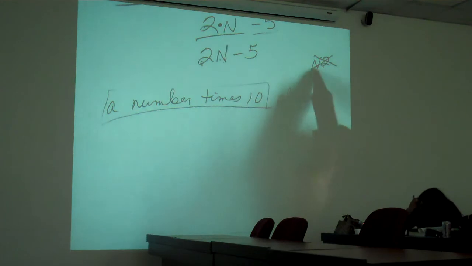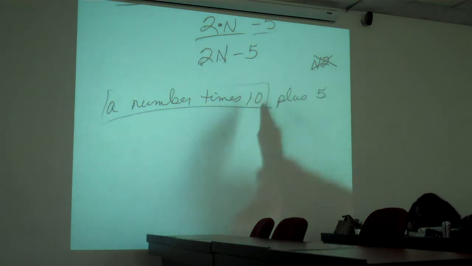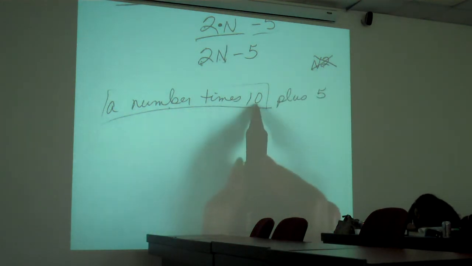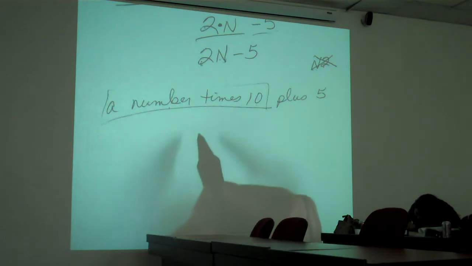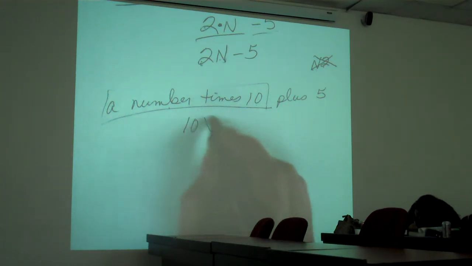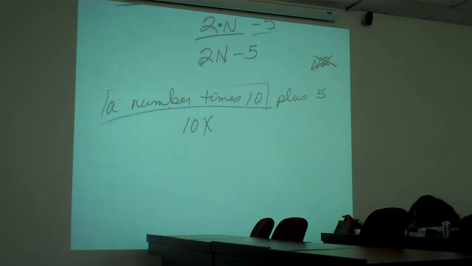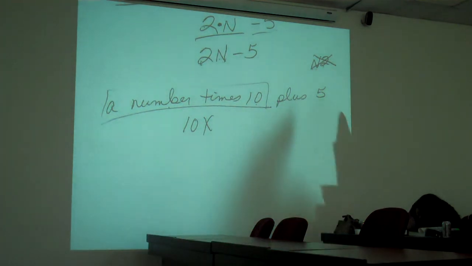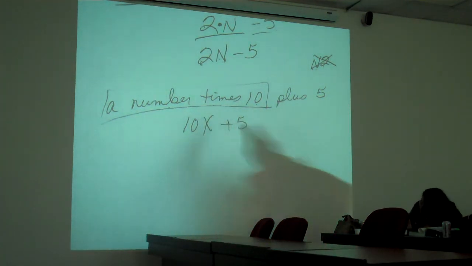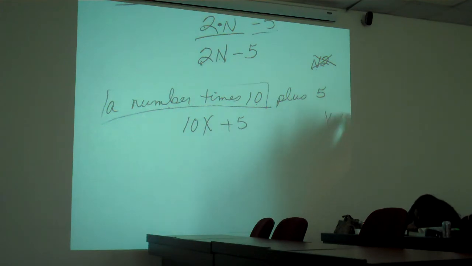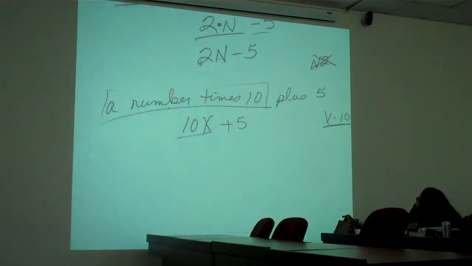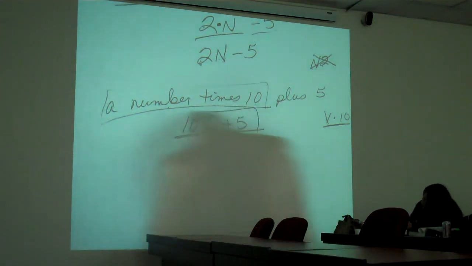What did I just tell you about the variable? 10x. Yeah. It's x times 10, but we're going to turn it around, right? We're going to do 10x because we're going to put the coefficient in front of it and then plus 5. It actually wouldn't be wrong if you put x times 10 plus 5, but we want to put this where it looks normal, the way you're going to be seeing it a lot in the future, okay? So this is going to be how it ends up.